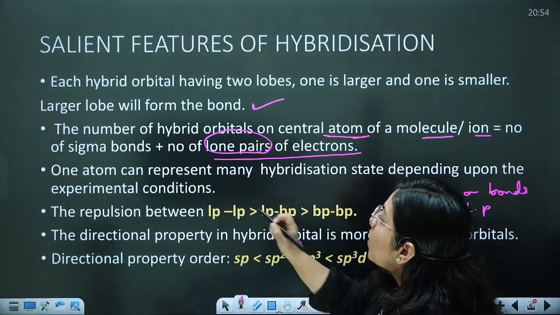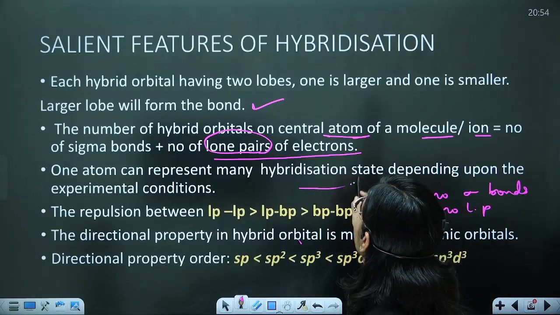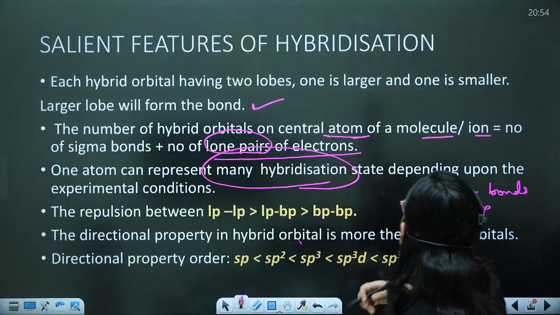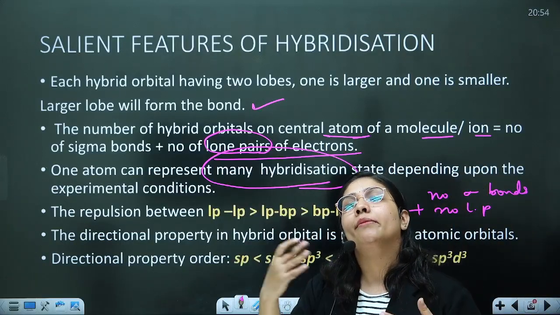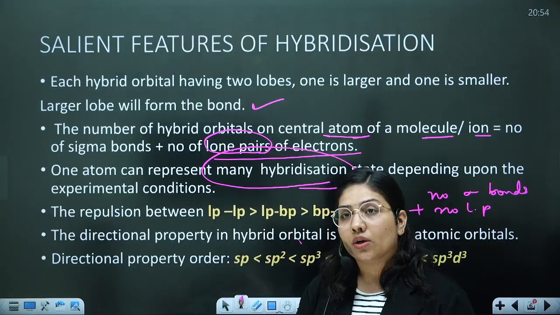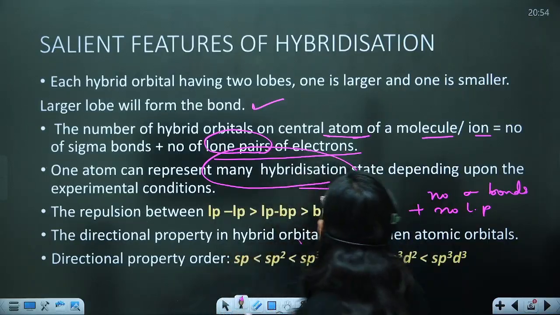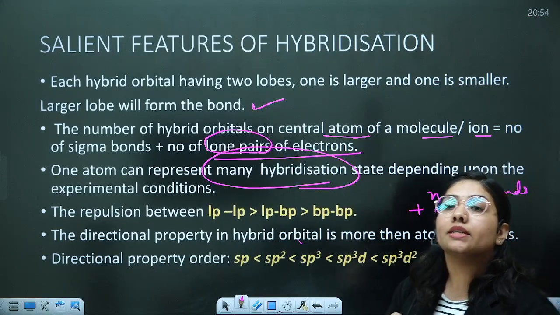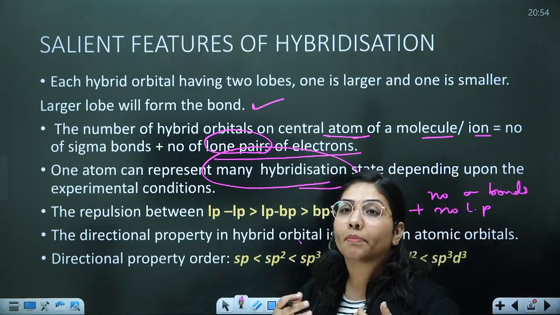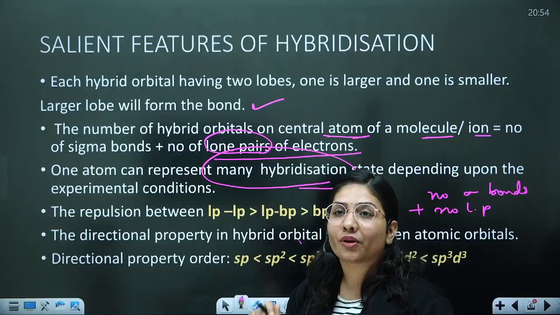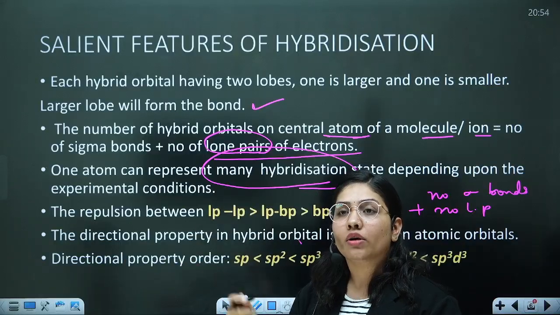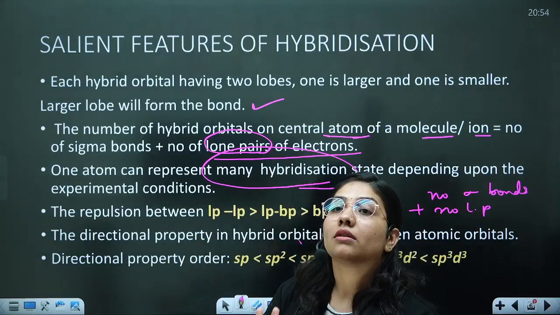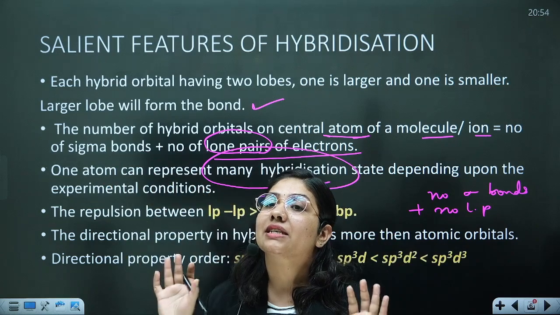Come to next, one atom can represent many hybridization states. Carbon is capable of showing many hybridization states. It can show sp, sp2, sp3 hybridization, not sp4, and many more depending upon the atoms to which it is connected.